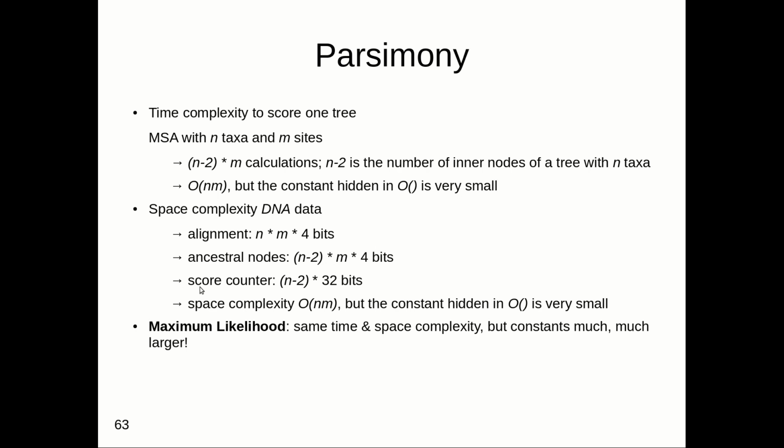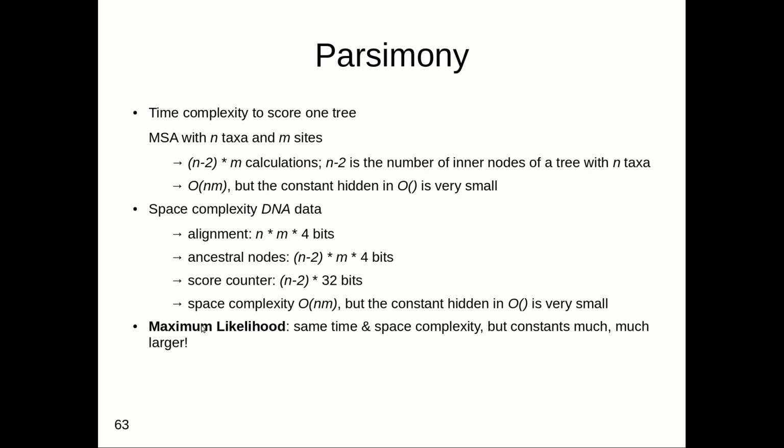And then finally, we need to have some sort of score counter at each inner node. And this is basically just the number of inner nodes multiplied with 32 bits. So the space complexity of parsimony calculations is also big O of n times m. But again, the constant hidden in the big O notation is very, very small.